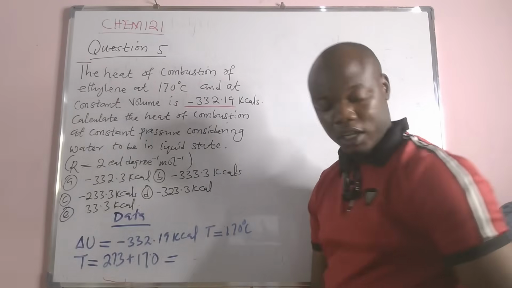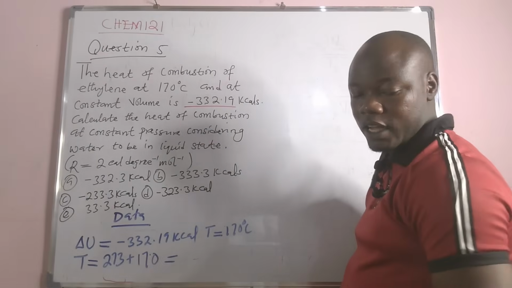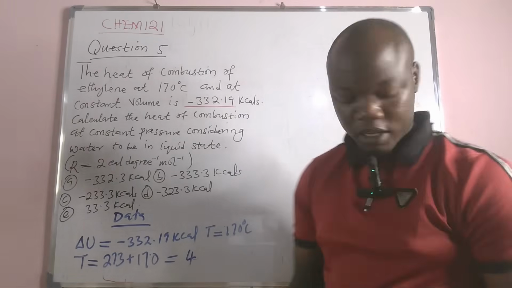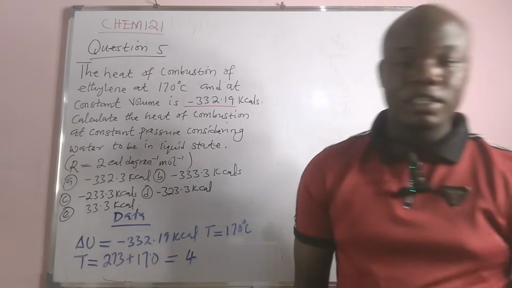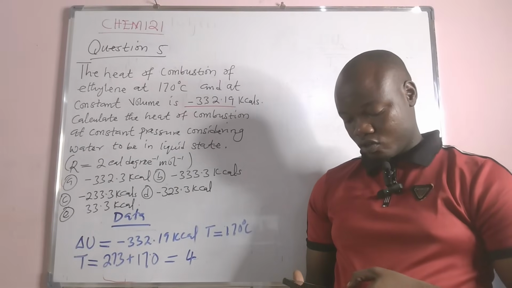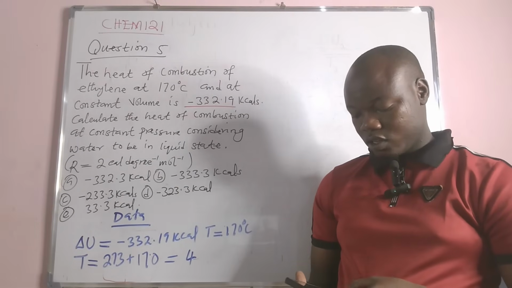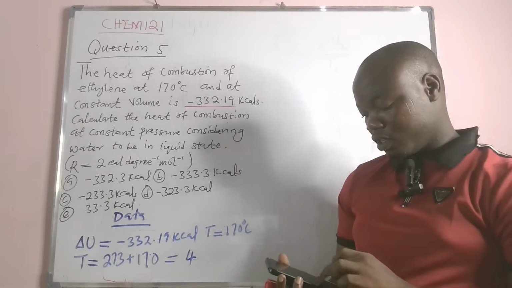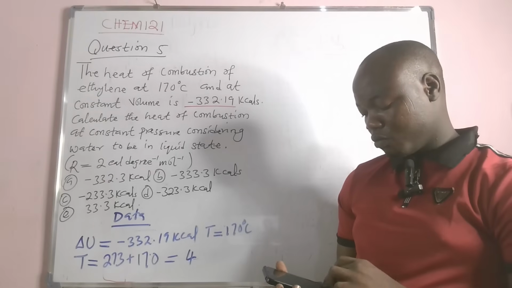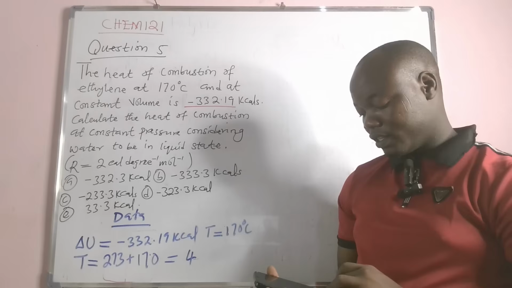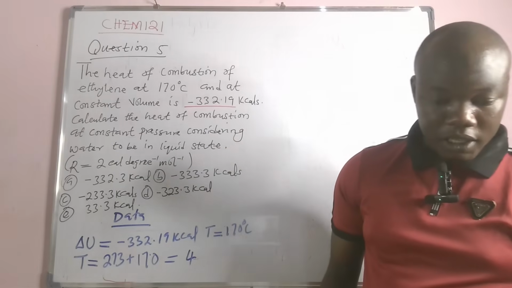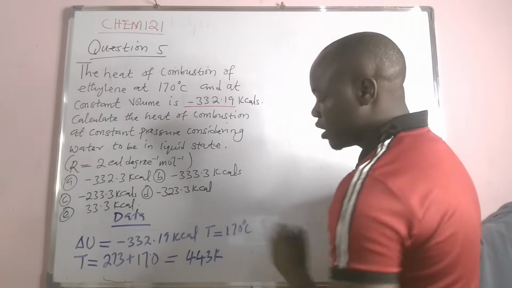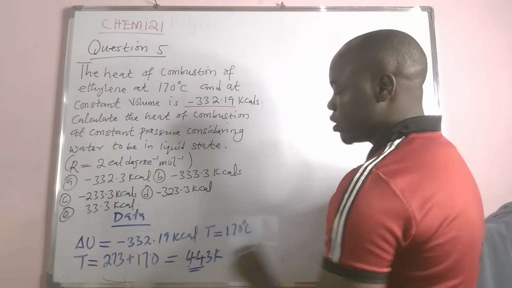Let me just use my calculator to get the answer. So we have 273 plus 170, which gives us 443 Kelvin. So this is for the temperature.